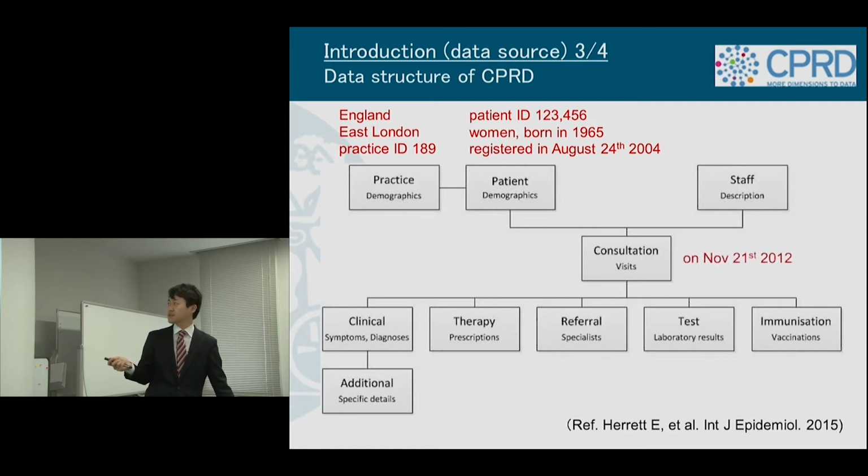If she visits GP on November 21st, 2012, a doctor or GP diagnosed her as having urinary tract infection and some extent of dehydration, and prescribed antibiotic, trimethoprim in this example, for 5 days. 10 divided by 2.